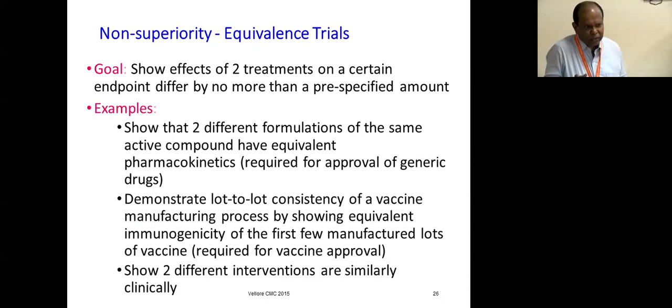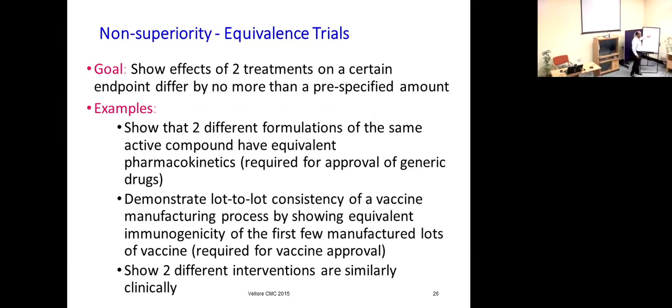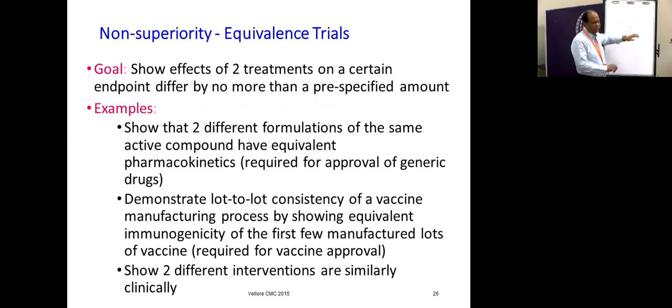We are not very sure, or both are equal here. Not better. Their effect is nearly similar in both arms. Slightly better here or slightly better there. So therefore, we are talking about this type of confidence interval for equivalence studies, and it should have 0 in between to say one is as good as the other.